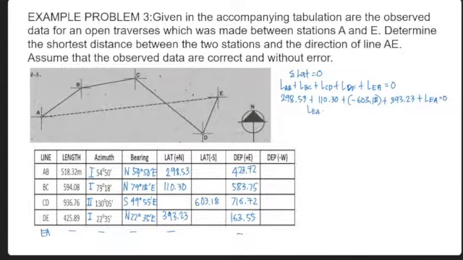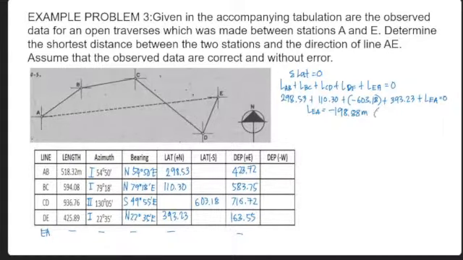So the latitude of EA is equal to, so kung negative yung lumalabas, so negative 198.88 meters.